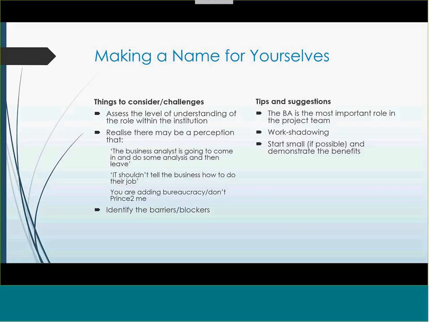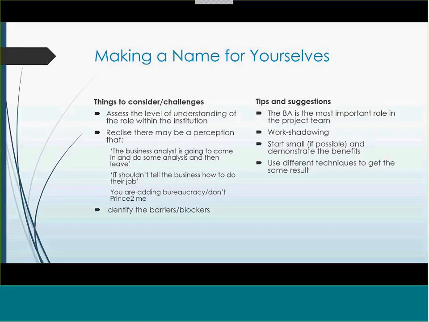Start small if you possibly can to demonstrate benefits, especially if it's a completely new team. Work on smaller pieces of work rather than a big system implementation, so you demonstrate the goal without getting into a highly complex, risk-heavy project.